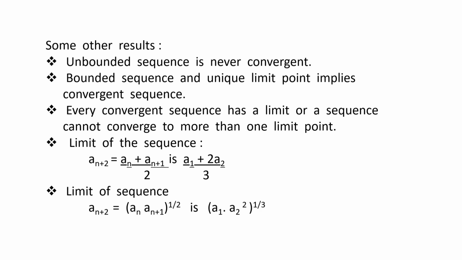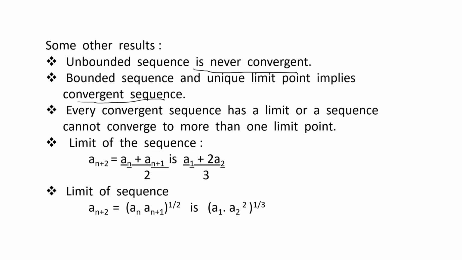Now we will discuss some other results on convergent sequences. An unbounded sequence is never convergent. A bounded sequence with a unique limit point implies a convergent sequence. Every convergent sequence has a unique limit, or a sequence cannot converge to more than one limit point.